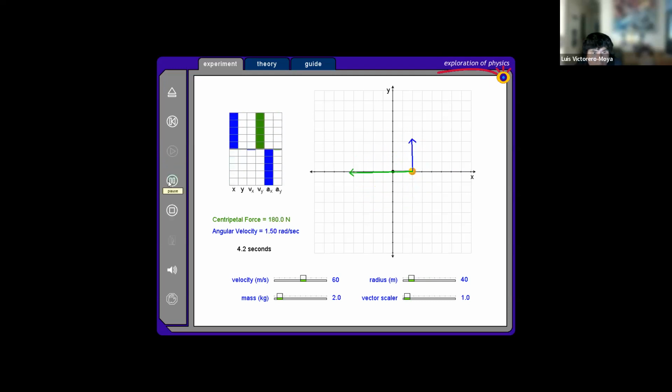So you go like this a few times, and then you want to annotate the centripetal force and the velocity. For 180, you get a velocity of 60. Then you want to keep this constant, and then you want to maybe double the mass. If you double the mass, you need to double the radius.